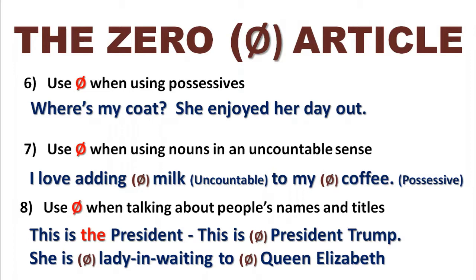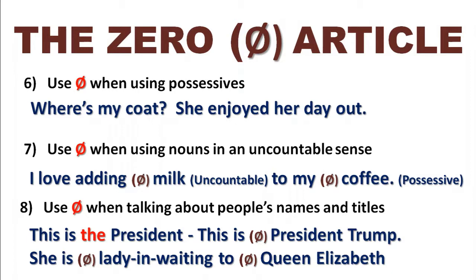And then the last one is we use the zero article option when talking about people's names and titles. So we would say, this is the president, or the president, depending how we look at it. But if we include his name, we would always just say, this is President Trump. So we don't use an article when we're talking about a specific name or a specific title.